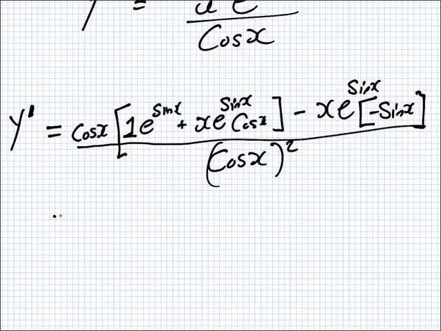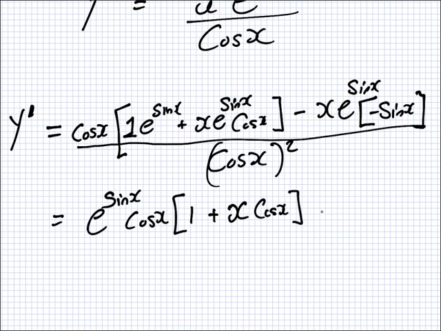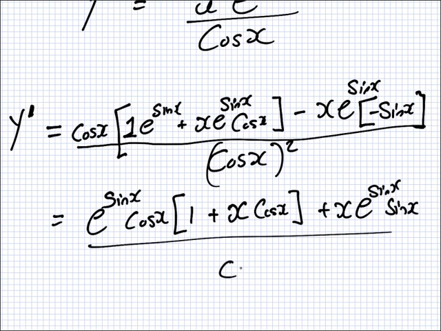So you could write it like this: e to the sine x times 1 plus x cos x, over cos squared x.